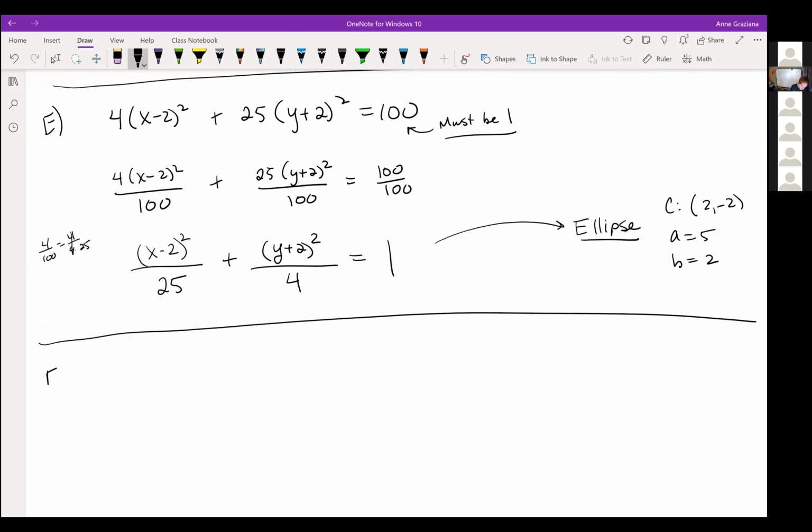All right, let's try one more. 2 times (x plus 4) squared plus 2 times (y minus 2) squared is equal to 36. Ellipse or circle?